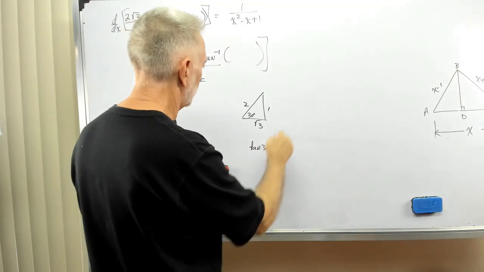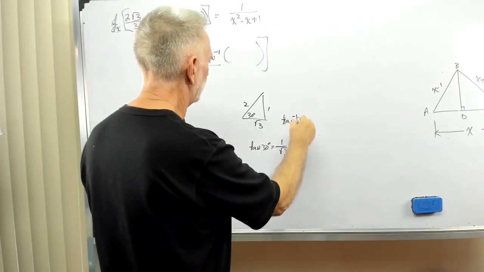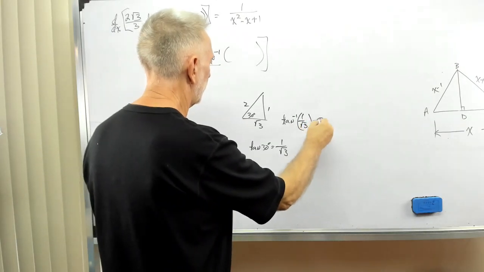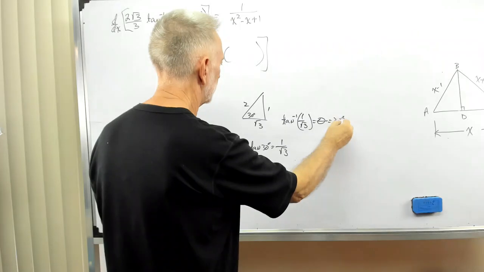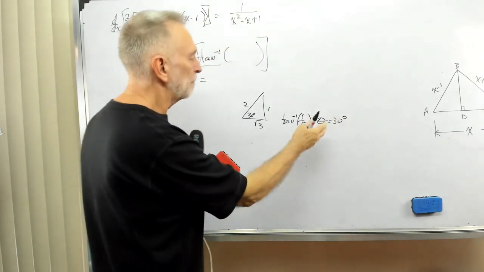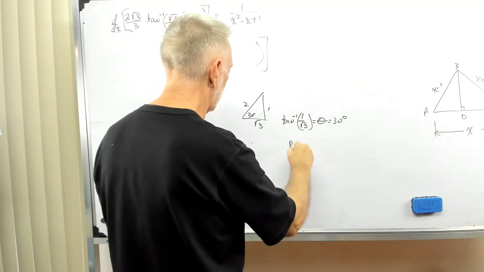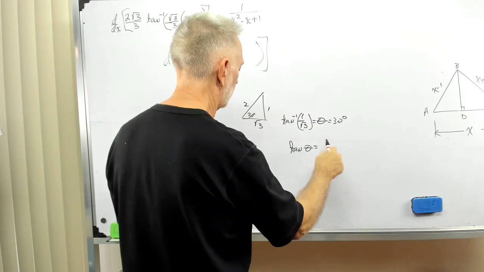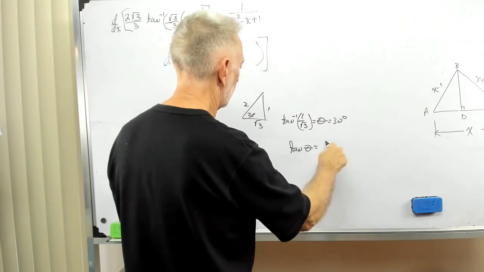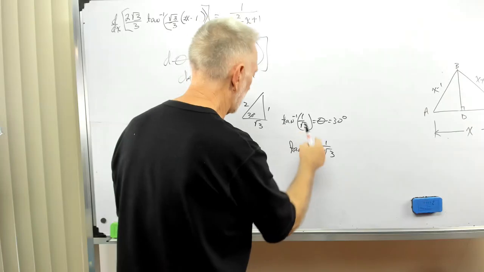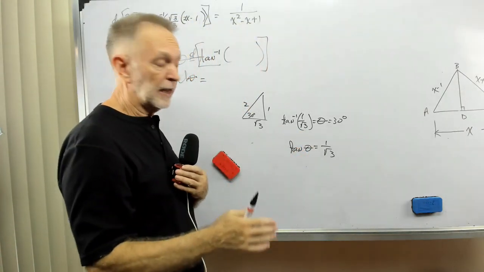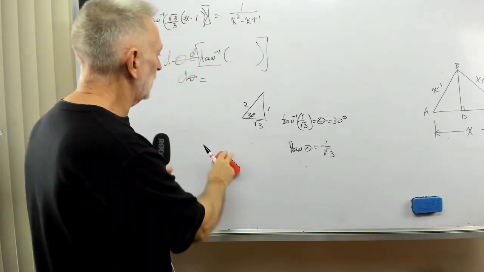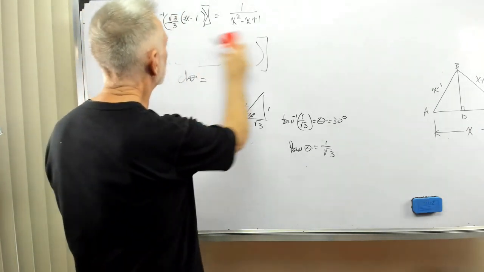But in our case, we have tangent inverse of 1 over square root 3 equals theta, which equals 30 degrees. That implies tangent of theta equals 1 over square root 3. Now I can take the derivative of that. The derivative of tangent theta is secant squared, right? That's our plan for this.